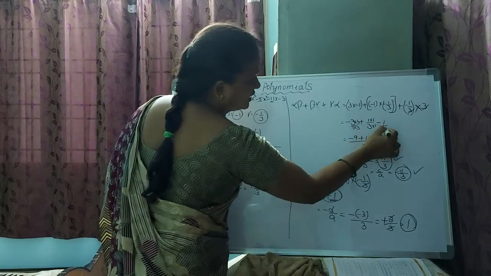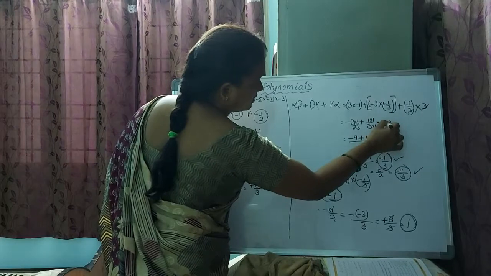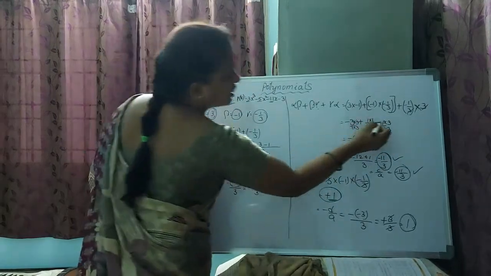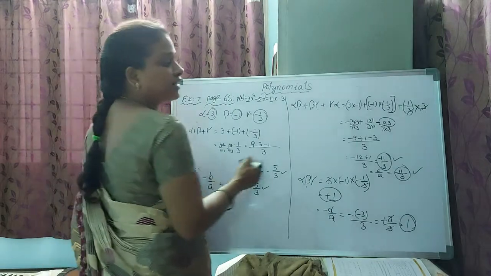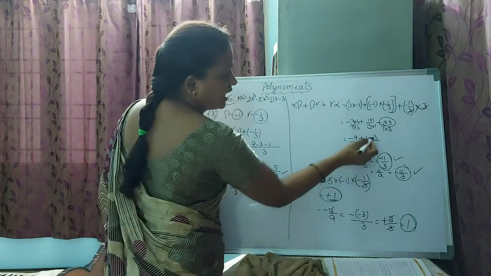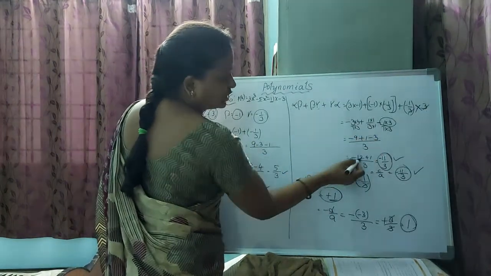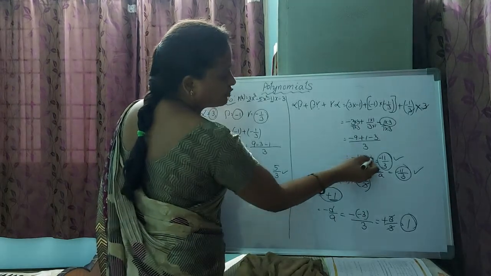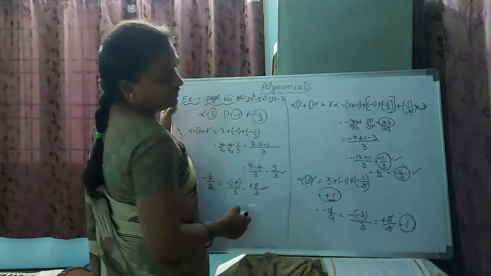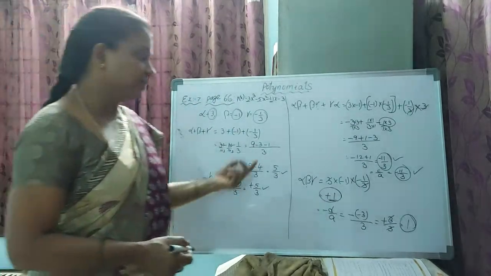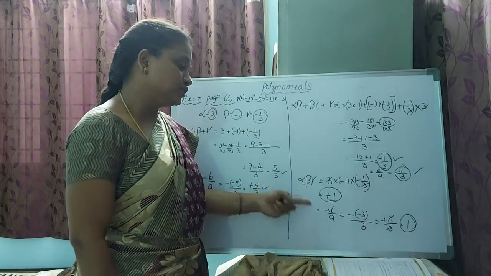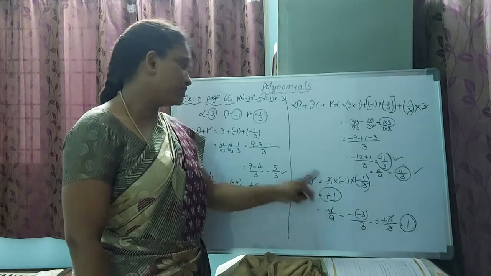Next here 1 threes are 3, 1 threes are 3. Minus 3, because minus 3 here. Minus 3 plus 1 minus 9. All minus values you add: 9, 10, 11, 12. Minus 12 plus 1, so minus 11 by 3. According to ours also we got the same answer. We verified.